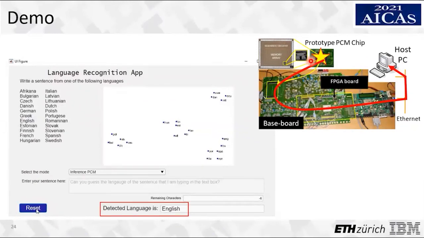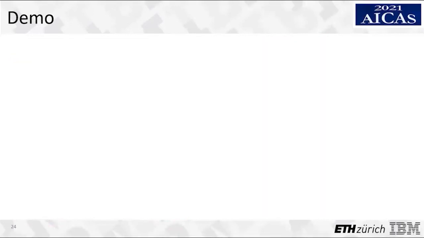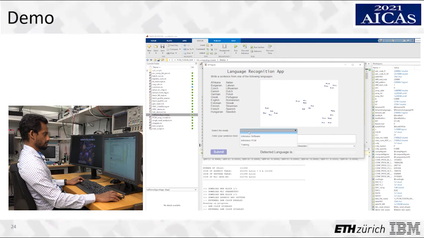Once the PCM chip has finished processing and has generated the result, this predicted result is returned back to the host computer and it appears on this part of the user interface. And once you click this reset button, you would be able to resubmit a new query using the same procedure. Now let's have a look at this application in action in real time.